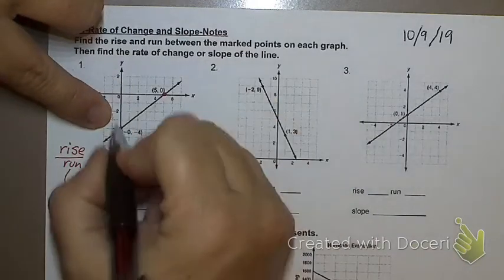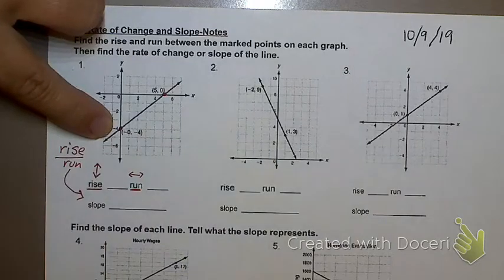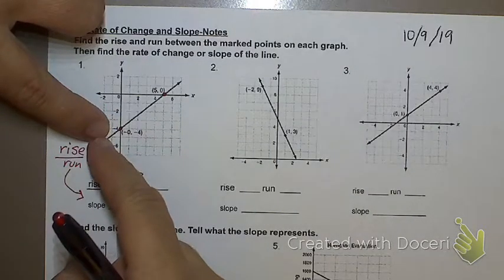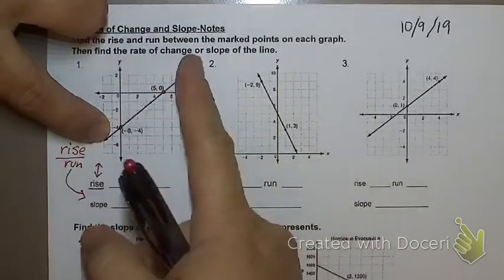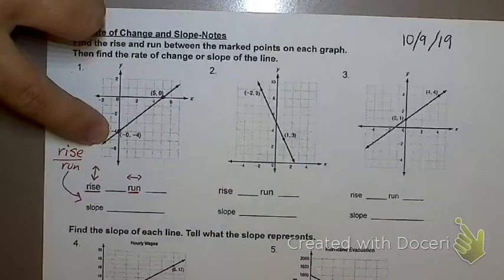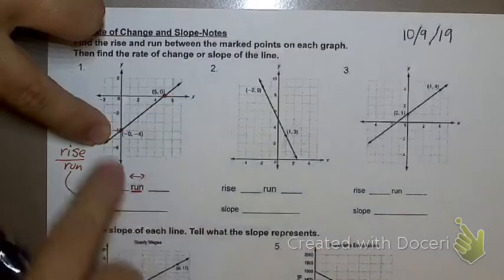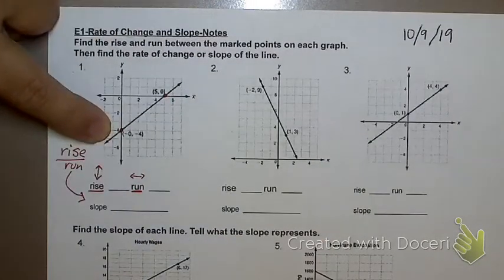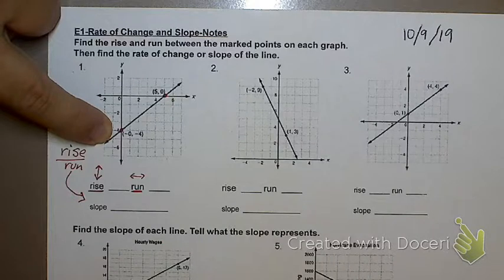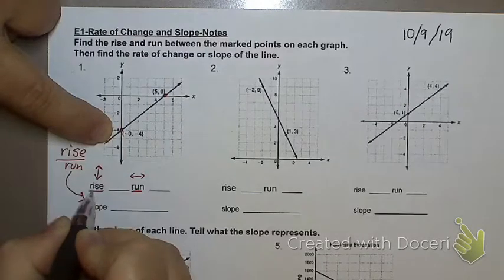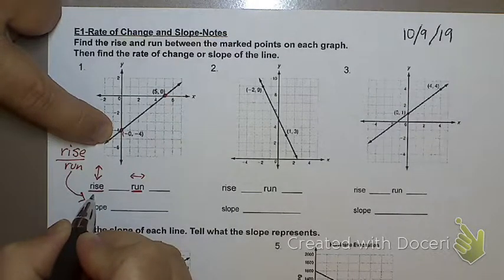From here, just to be clear, when we read a graph, we always read from left to right, just like you do in a book, always start on the left and move to the right. Is the person standing right where my finger is walking uphill or downhill? Uphill. That means my rise is positive. If they're walking downhill from left to right, my rise is negative.